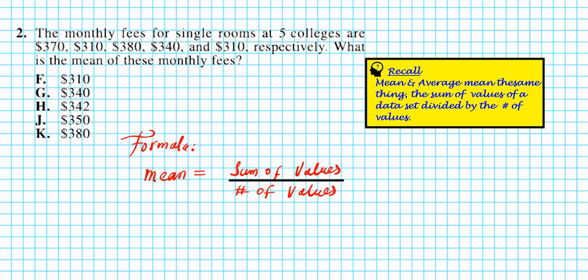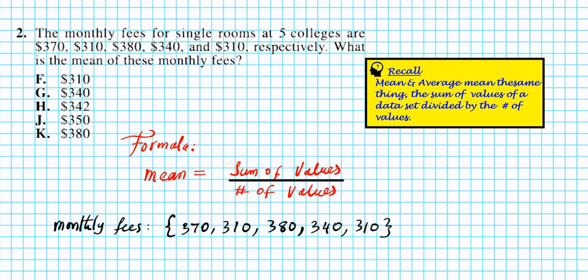Now in this problem, we have the monthly fees for 5 colleges. That's our set. So let's write it down. Monthly fees is given by 370, 310, 380, 340, and 310.